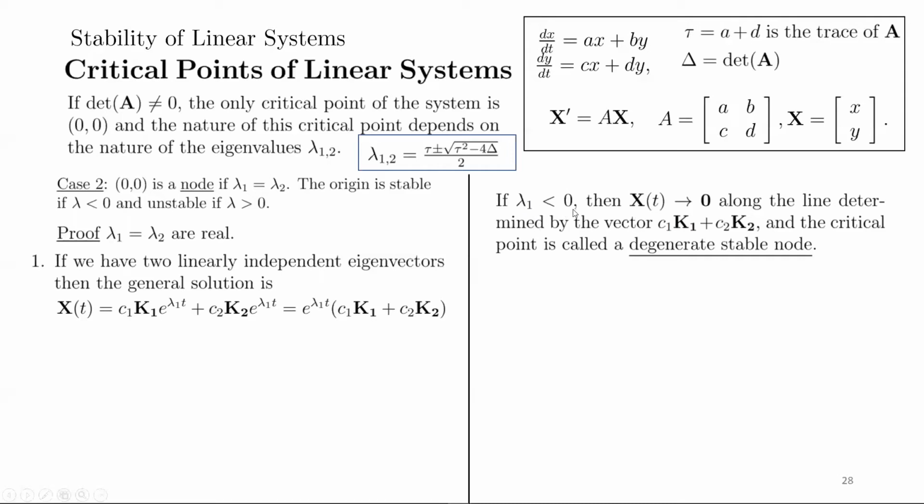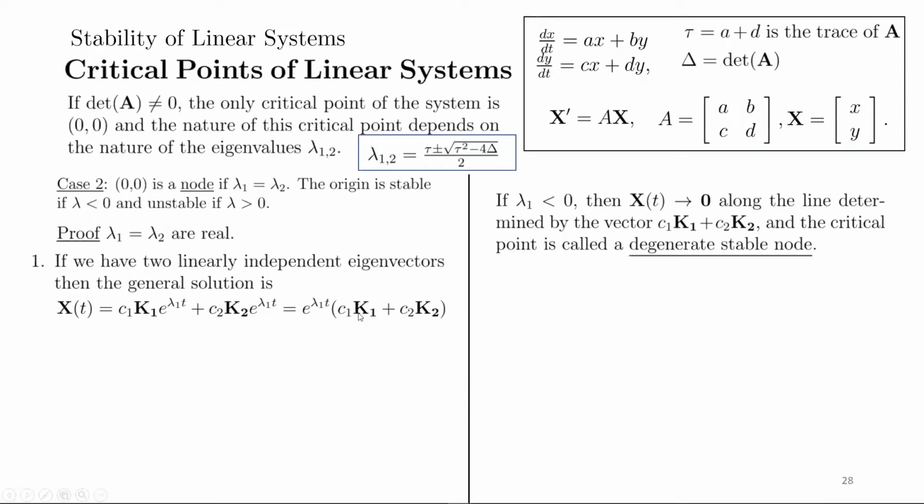So if lambda 1 is less than 0, then the general solution goes to 0 along the line determined by a vector in this bracket here. Whatever direction this is pointing in, this line here. So we've got two vectors, right? We're basically just summing two vectors with some scaling constants here, c1 and c2.